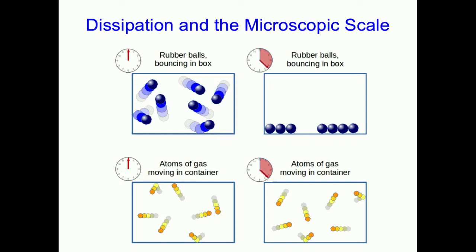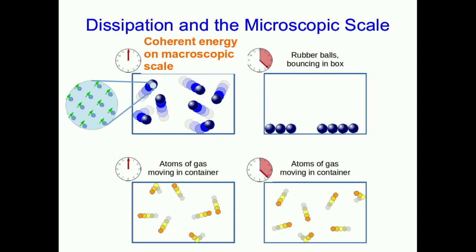Why? What's the difference? Well, the rubber balls, of course, are made out of atoms, and initially those atoms are moving in tandem, and so the system has a lot of coherent energy. We say that it has energy at the macroscopic scale. By macroscopic, physicists just mean length scales that we experience on a day-to-day basis and have access to with our own senses.